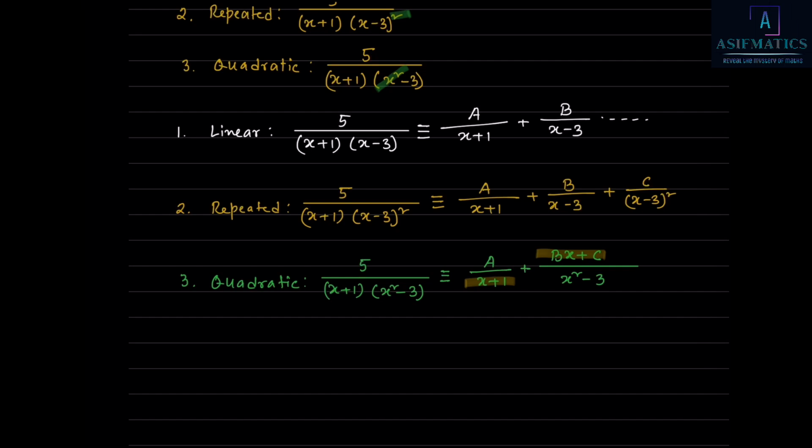I will show you some examples, then you will get a better understanding. This is the first step that you have to show, and then our part is to find out these a, b, c. These are the coefficients that we need to find to get our partial fractions.